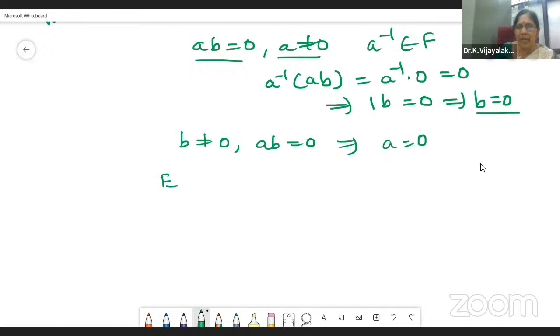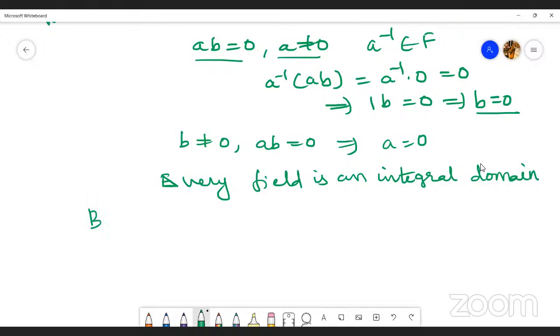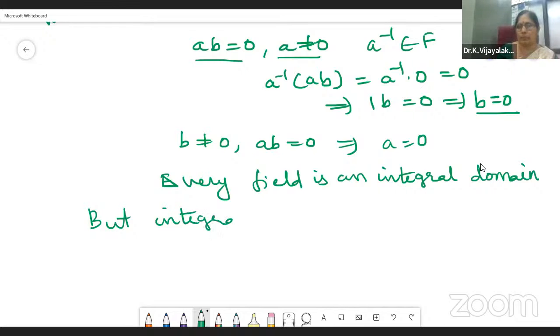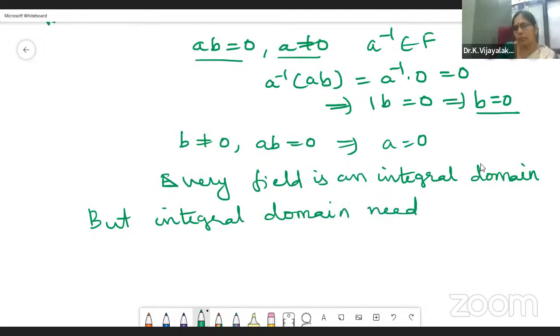So every field is an integral domain. But an integral domain need not be a field.